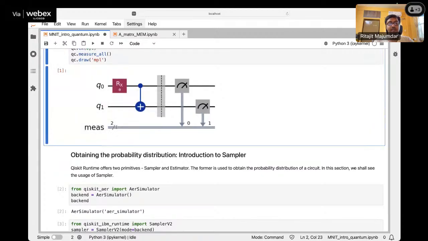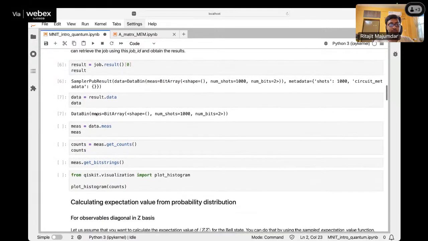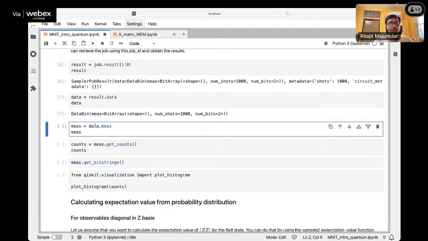So the name by default for the classical register is maze. But if you choose to change the name of this register, say you said, no, I don't like maze, I will use gamma for this, then this will become gamma. And then you will have to do data.gamma, not data.maze.